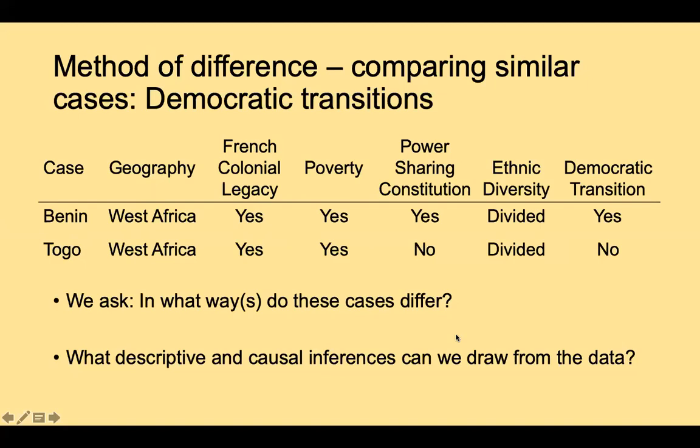And I want you to examine this data using the method of difference involving comparing similar cases. And I want you to try to figure out in what ways these cases differ, and then what descriptive and causal inferences we can draw from the data based upon the patterns that do or do not emerge across these similar cases.